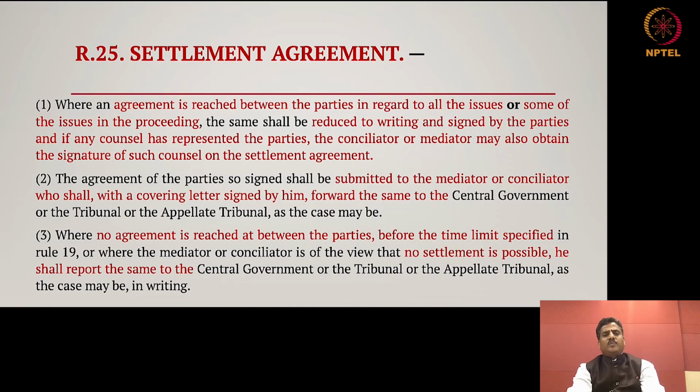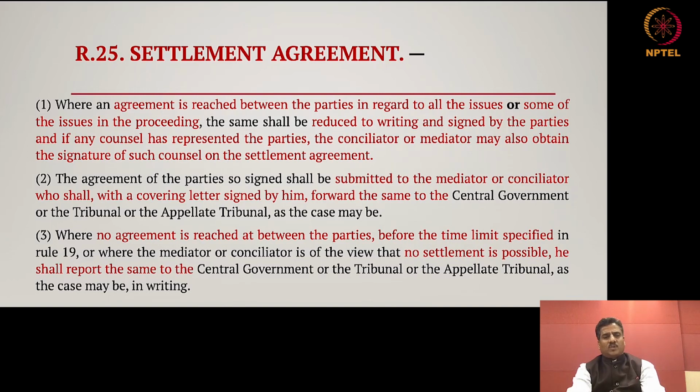and then the agreement of the parties so signed shall be submitted to the mediator or conciliator, who shall, with a covering letter signed by him, forward the same to the central government or tribunal or appellate tribunal.